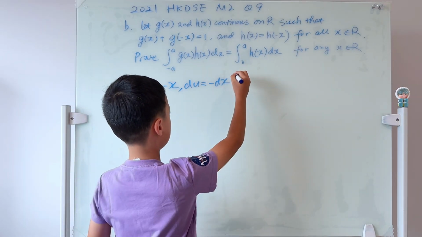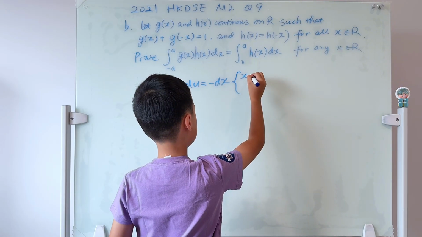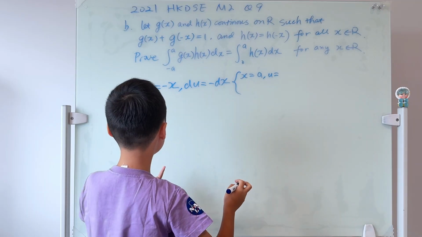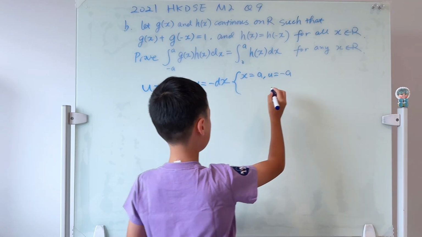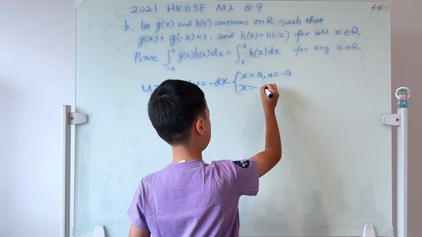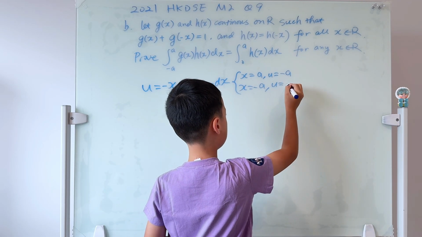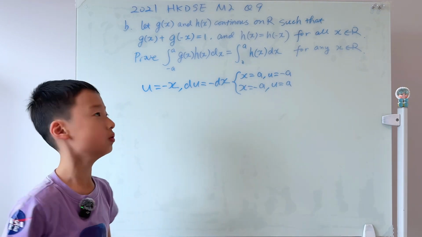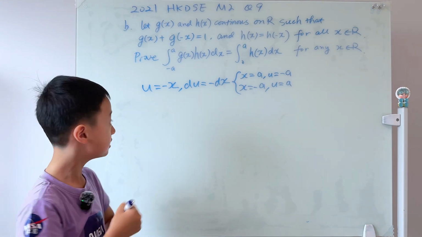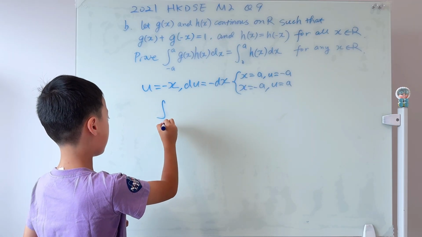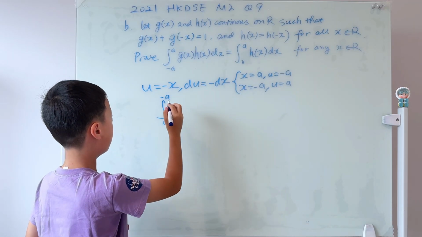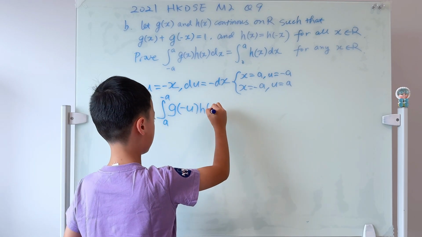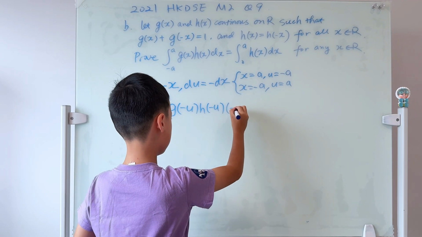When x equals a, u will equal negative a, and when x equals negative a, u will equal a. So we can change this all with respect to u. Then the integral becomes the integral from a to negative a of g(negative u) times h(negative u) times negative du.